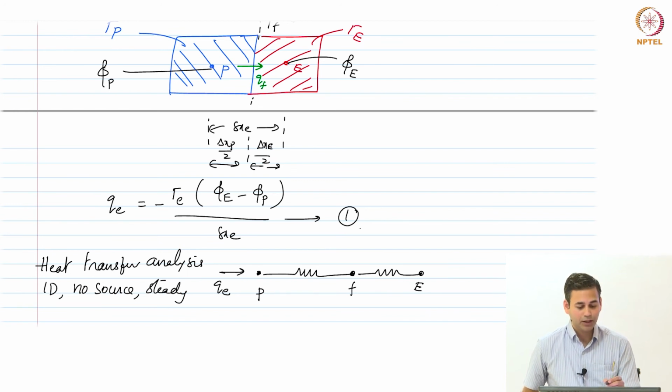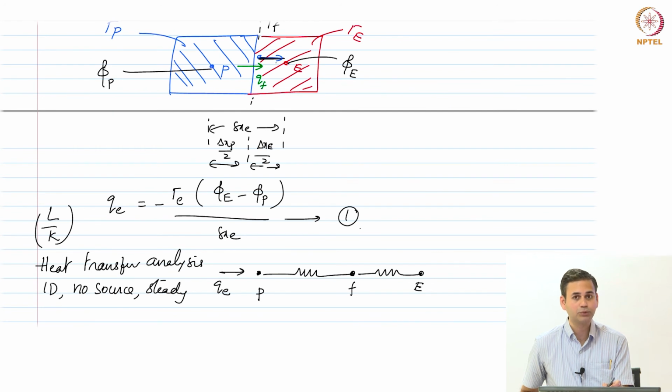Resistances would be nothing but the length divided by the thermal conductivity, right. We are actually looking at L by K, and what would be the L that corresponds to here? It would be this length, isn't it, and then what will be the thermal conductivity for this one? Gamma E, and the other length would be this guy, that is delta x P by 2, and the thermal conductivity would be gamma P, okay.